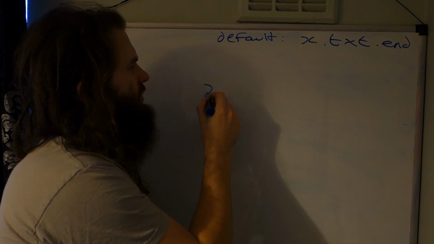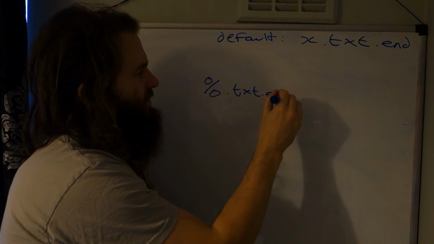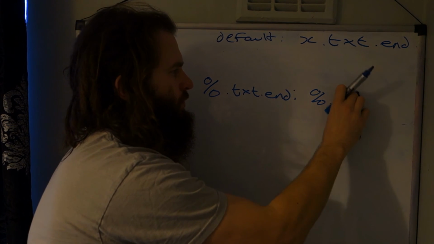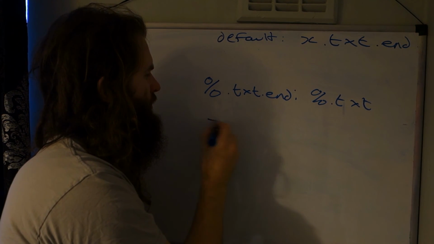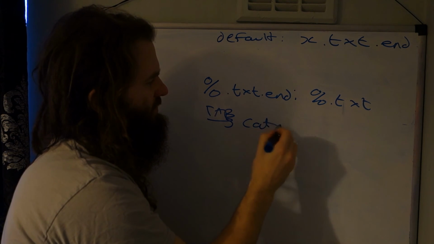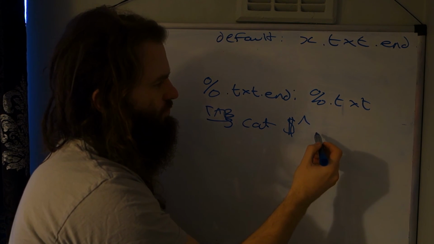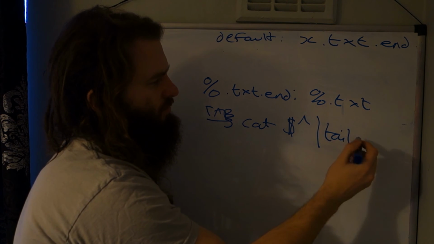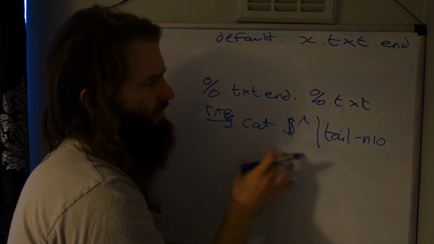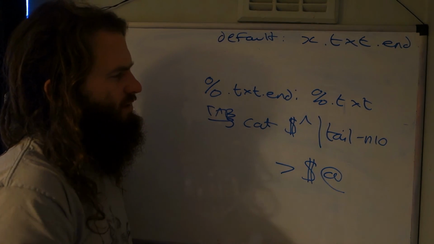So we say %.text.end, and it's going to depend on %.text, then we need our tab, and what we're going to do is cat the input, pipe it into tail, with -n to take 10 lines, and then redirect it, all on one line, into the target. So we're just taking the last 10 lines of the file.